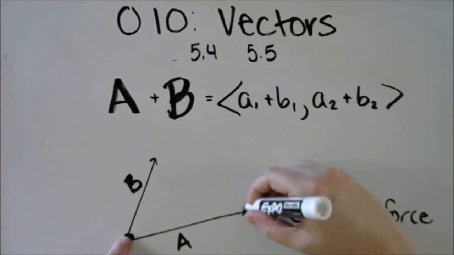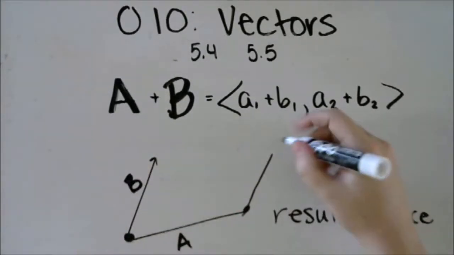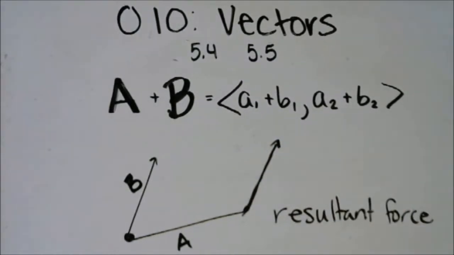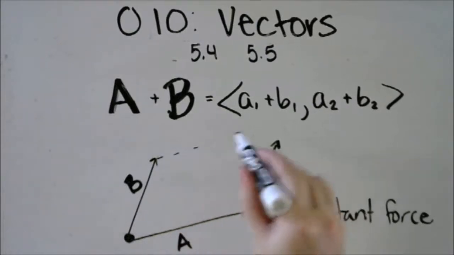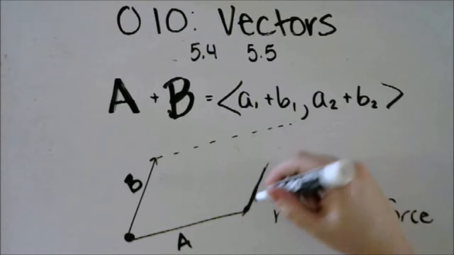So we're going to go ahead and do that with vector B, and I'm going to do my best to draw these so that they have the exact same direction and magnitude. And you can see by doing this, what we've created is a parallelogram. Oh yeah, not a perfect parallelogram.